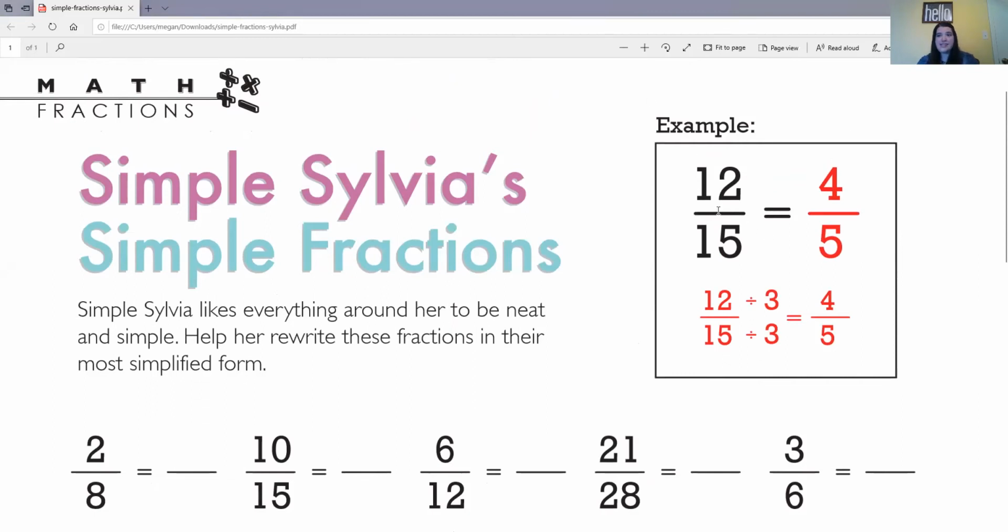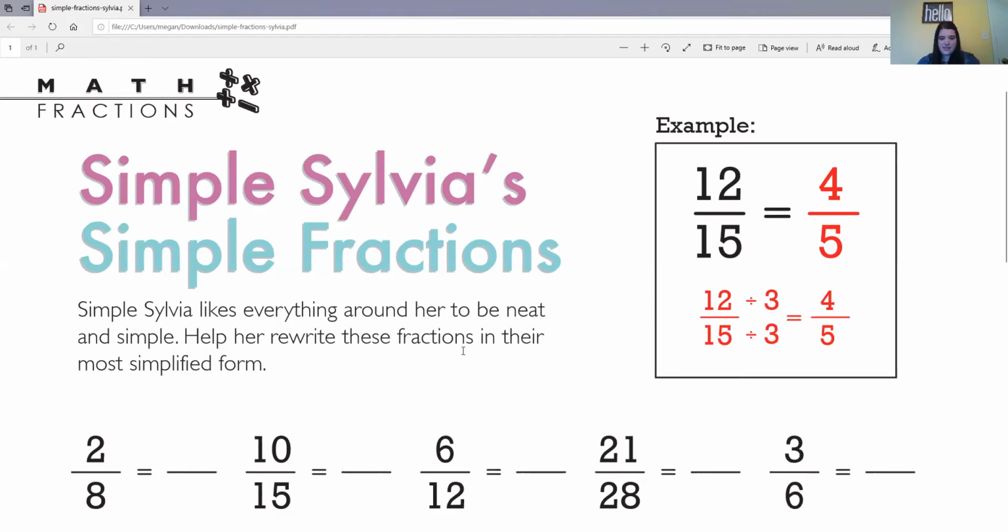We know that we can simplify 12/15, and they simplified 12/15 to 4/5. The way you simplify a fraction is you find the number that you can divide both the numerator and the denominator by. Here, a common number you can divide them by is 3. So they did 12 divided by 3, which gave them 4, and then 15 divided by 3.